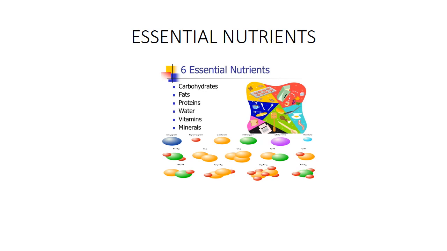Also water. Our cells produce water during metabolism when they break down glucose, for example, to gain energy. Water is produced, but the amount of this so-called metabolic water is about 300 milliliters.